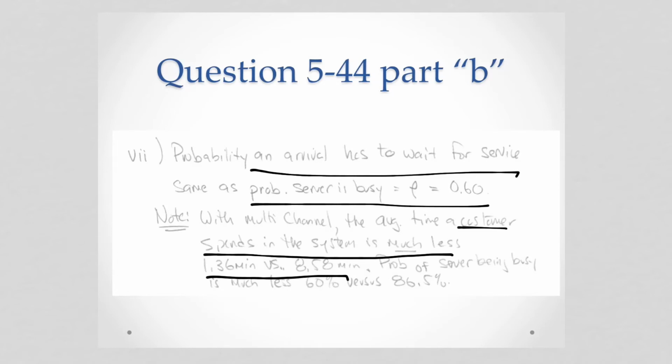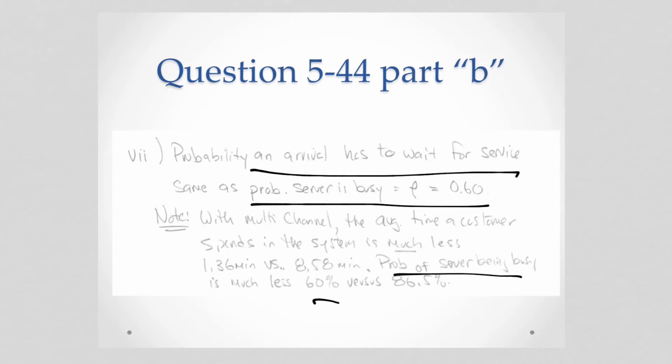And also, if you compare the numbers, the probability of the server being busy is much less, 60% versus 86%. So in the first case, there's a high probability your server is busy, versus in the 4-channel case, it's a much lower probability. So I hope that's clear. And of course, if you have any questions, don't hesitate, let me know.